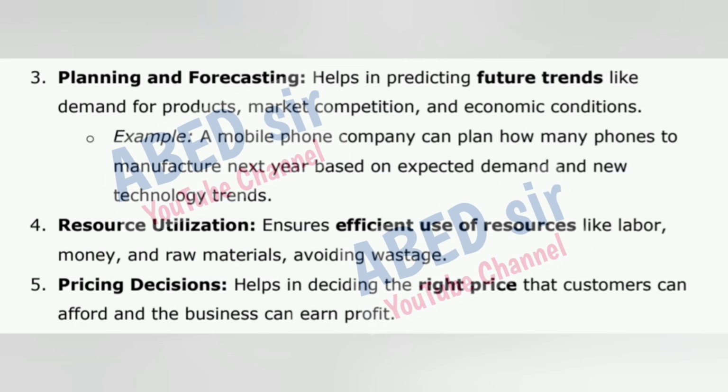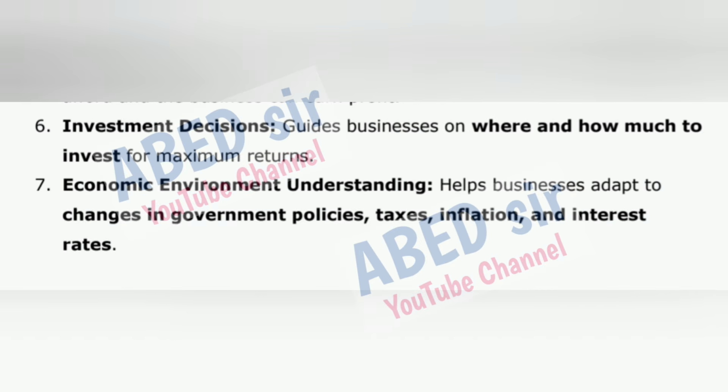Pricing decisions helps in deciding the right price that customers can afford and the business can earn profit. 6. Investment decisions guides businesses on where and how much to invest for maximum returns. 7. Economic environment understanding helps businesses adapt to changes in government policies, taxes, inflation, and interest rates.